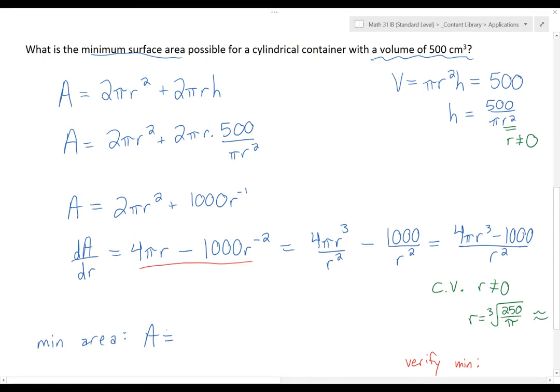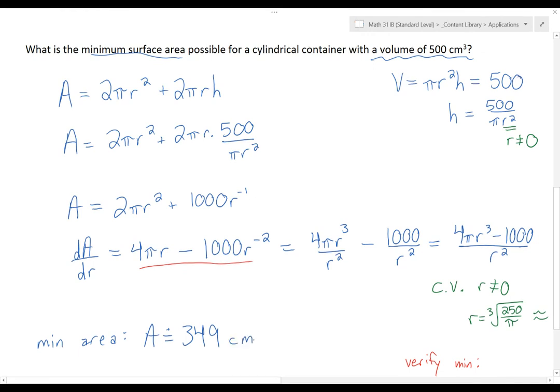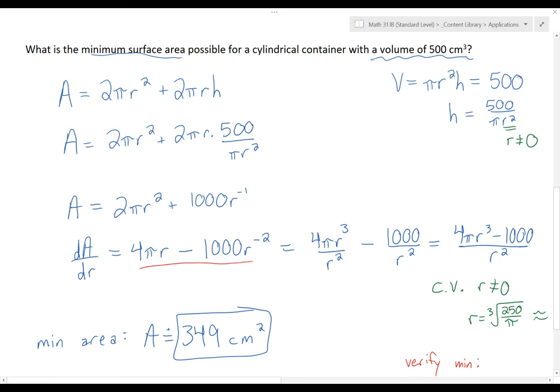So storing that in my calculator, I'm going to calculate what is 2 pi r squared plus 1,000 divided by r. And we get an area of approximately 349, when we round to 3 significant digits, centimeters squared. So that is the approximate area, the minimum surface area possible for a fixed volume.